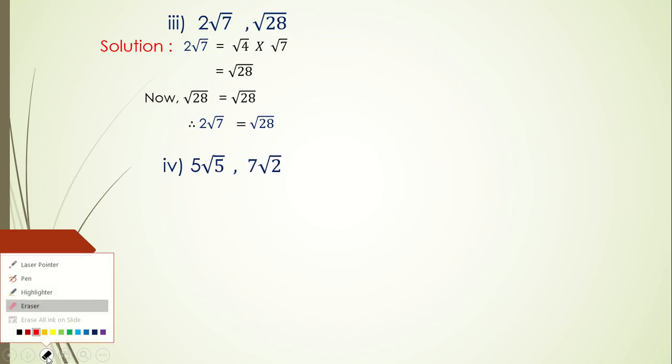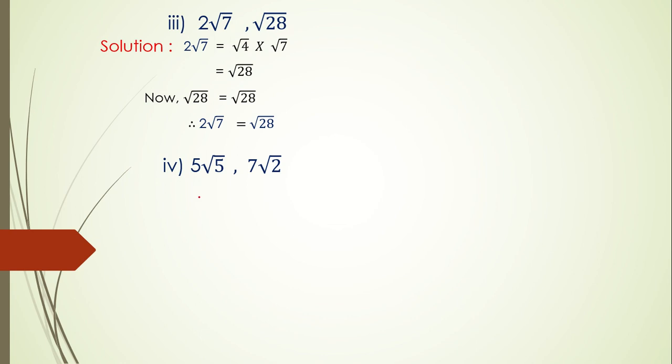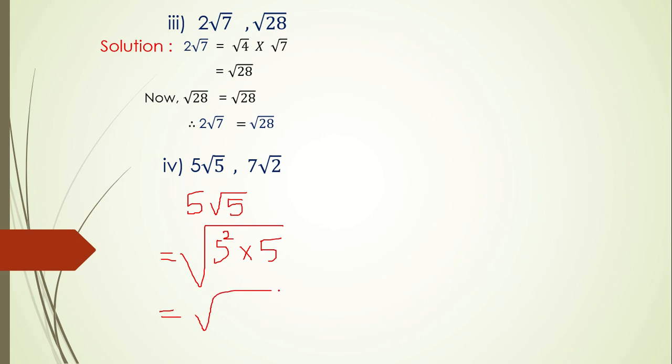Now next, 5 root 5 and 7 root 2. Here also, as I told you, 5 root 5, we are taking the 5 inside. So that means we are supposed to square it. 5 square into 5. 5 square is 25 and 25 5s are 125. So that's going to be root 125. And this side I have 7 root 2. I have to take 7 inside the root.